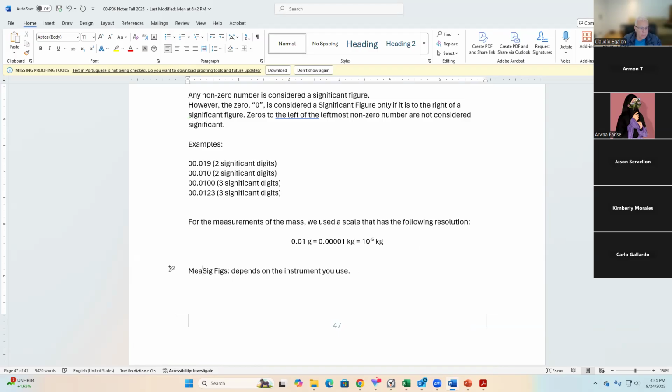The significant figures of a measurement depend on the instrument you use. And now let's talk about significant figures of a result. It also depends on the instrument you use. However, there is one additional rule to determine the number of sig figs.